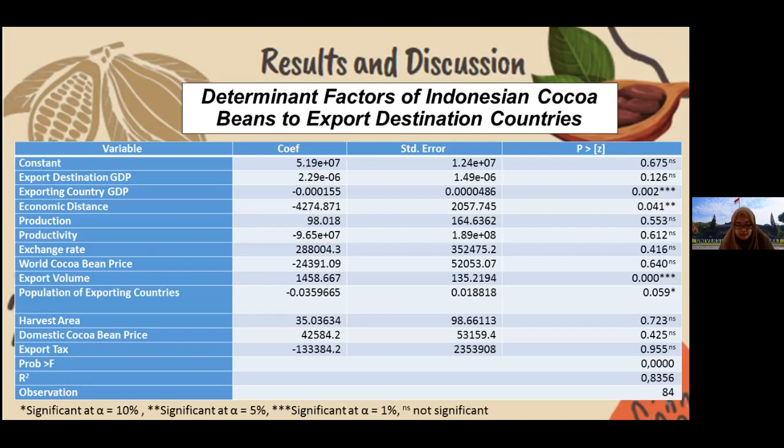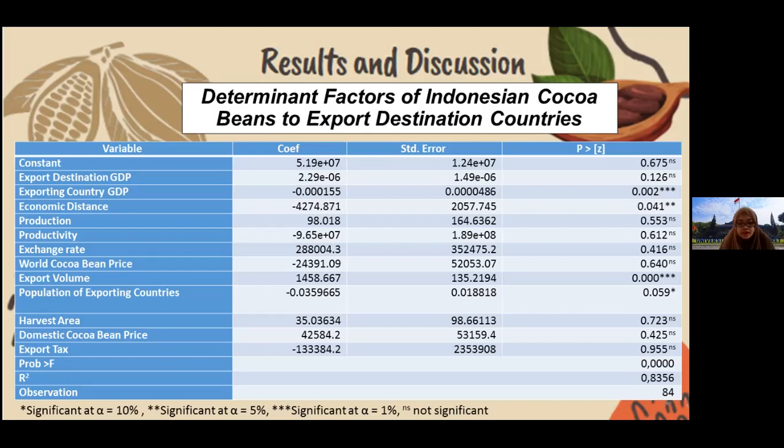And then the export volume: we can see it is significant and has a positive effect. By knowing the export volume of cocoa beans, it is possible to estimate the quantity of demand for cocoa beans in the importing country. And the last is population.